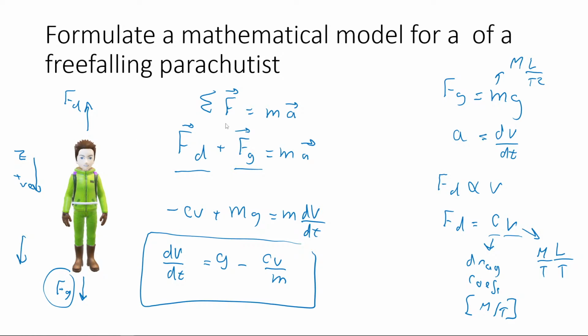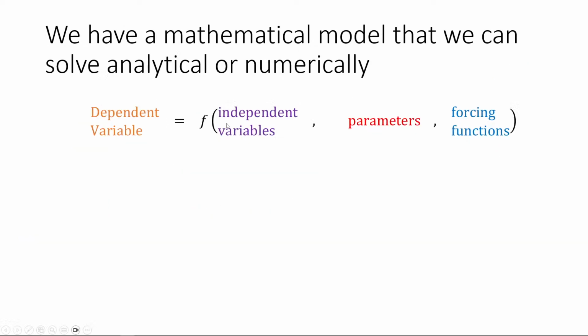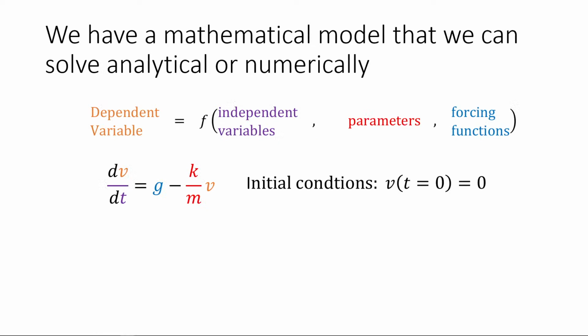Just to review what we did before, here we have a mathematical model. This is my dependent variable. These are my parameters, like this constant and the mass, how heavy this object is, which would be the weight of the man, the parachutist.